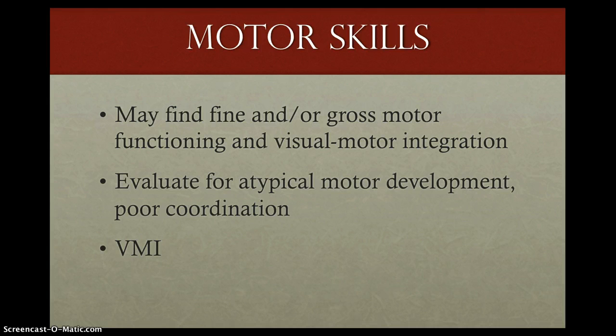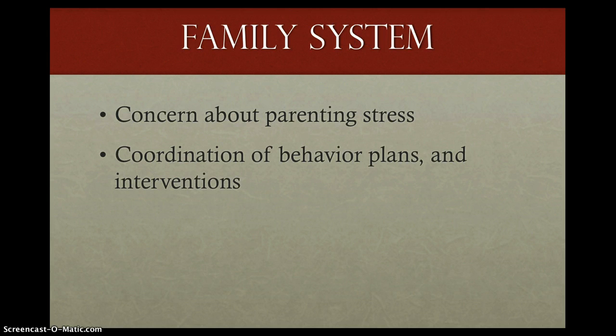So for fine motor, you may see someone use a VMI, a visual motor integration test. Gross motor, sometimes we see things like toe walking and other gross motor indicators that we might want to help normalize. So this evaluation is helpful in planning for work with an OT or PT or adaptive PE, many different things that we can help the student with in the school setting.